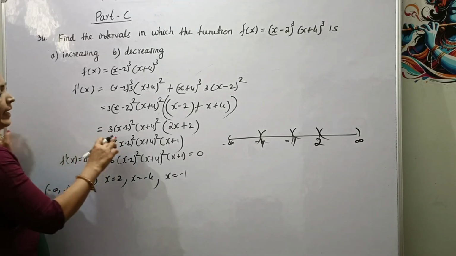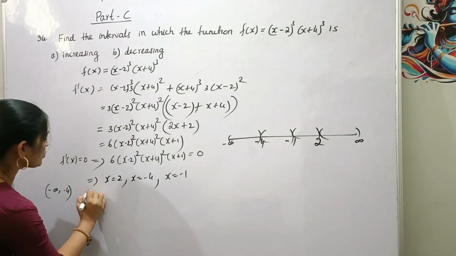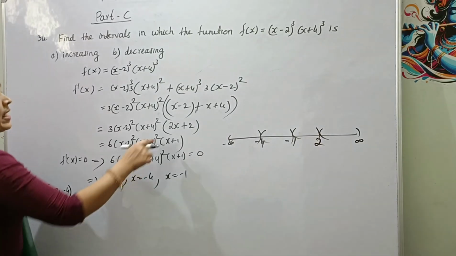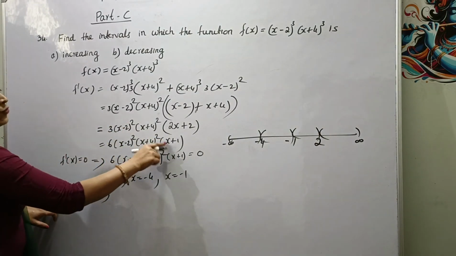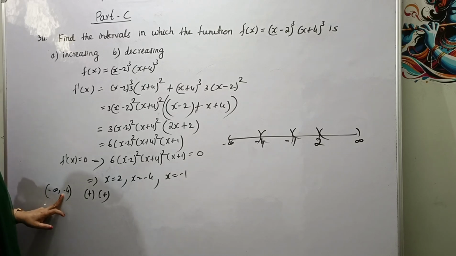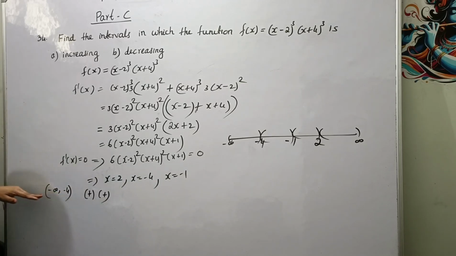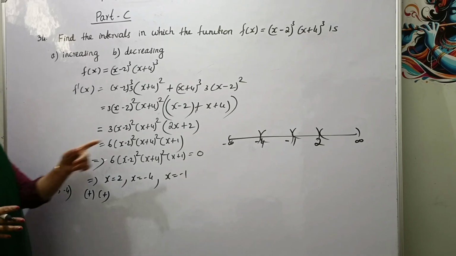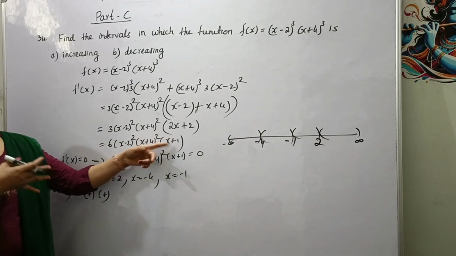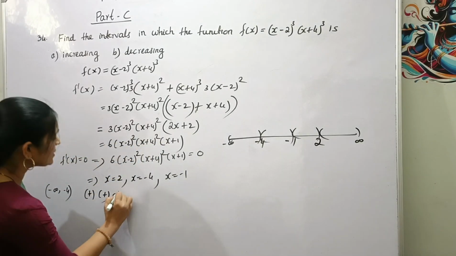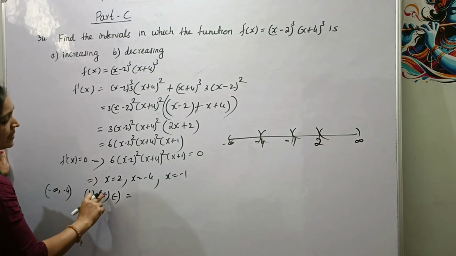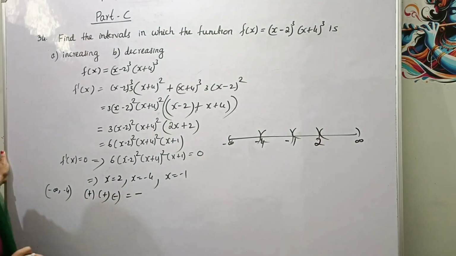Therefore, first term is positive, second term is positive. And what about the third term? See, if you substitute x is equal to minus 4, you will get minus 4 plus 1, minus 3. And here the values are less than minus 4, right? So you will get less than minus 3. Less than minus 3 means negative, right? So it is minus. So plus into plus, plus into minus, minus.